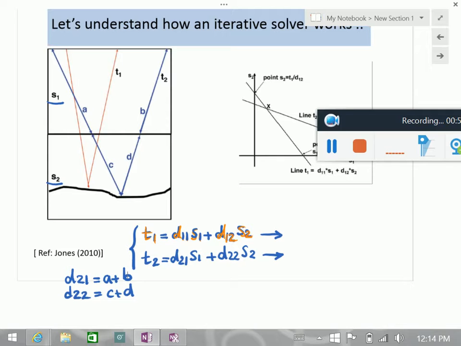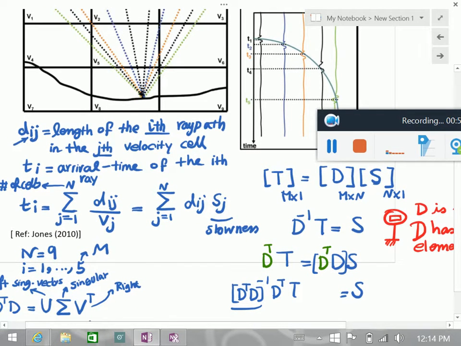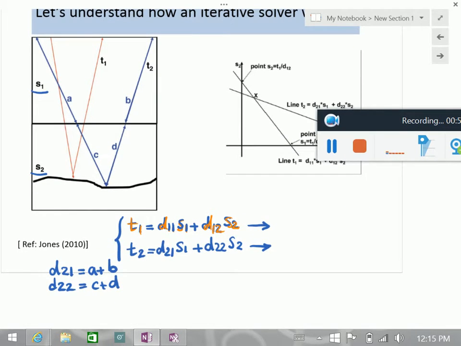Going back to the definition, let's read it together: the length of the i-th ray path in the j-th velocity cell. So it's the same definition. D21 means the second ray path and the first cell. Okay, makes sense now?